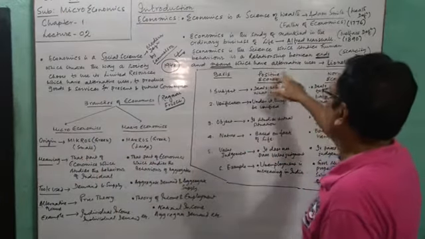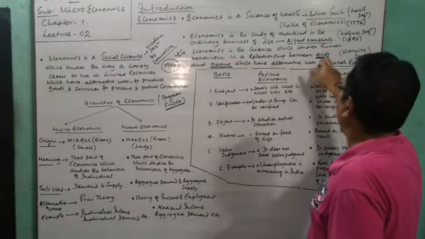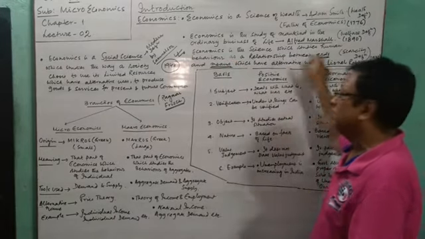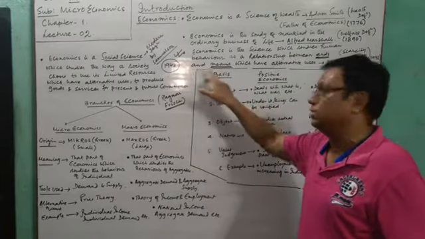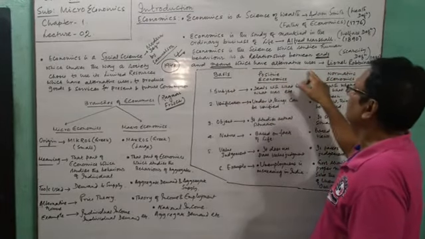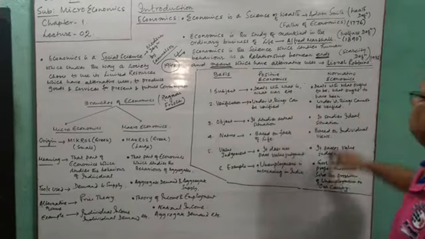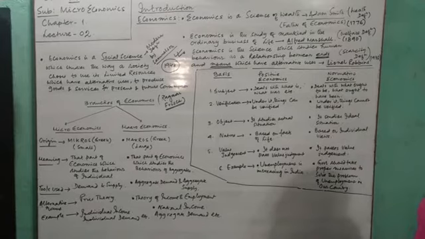So that thing I have written over here, relationship between ends means needs, and means means resources. So needs and resources which have alternative use. Which have alternative use means resources are alternative in nature. This is given by Lionel Robbins.